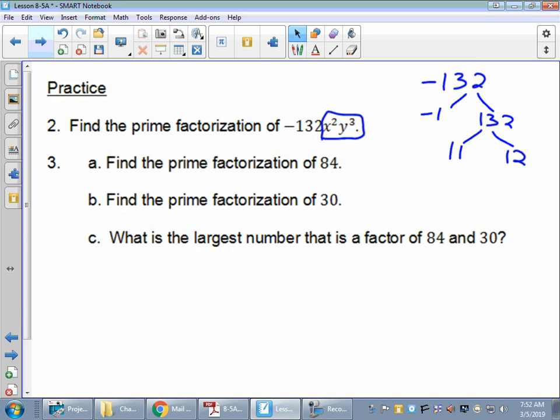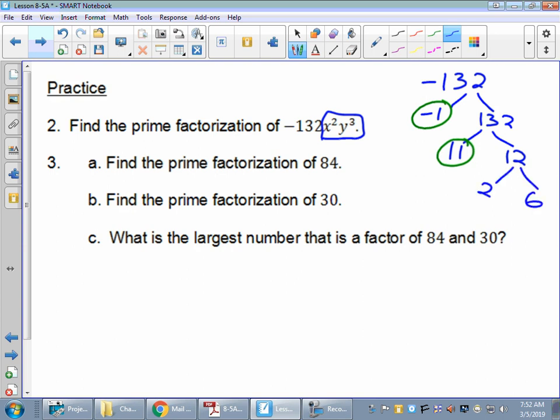Once I find my prime numbers, I'm going to go ahead and circle them. So I know negative 1 is prime, because I can't break that down any further. I know 11 is prime, so I'm going to circle that. 12 is not prime. There's a couple different ways to get to 12. You could go 3 times 4. You could go 12 times 1. 2 times 6, whatever. But I'm going to go 2 times 6 just because I know that 2 is a prime number.